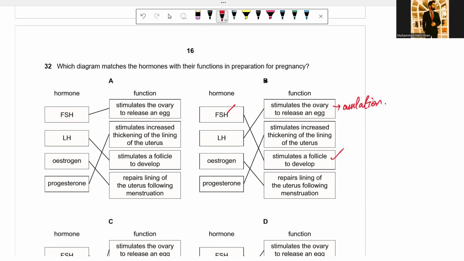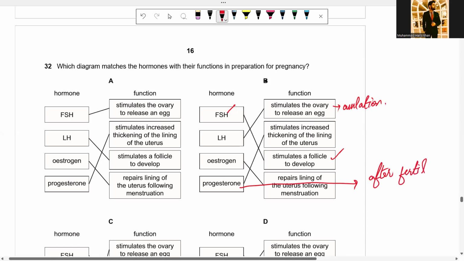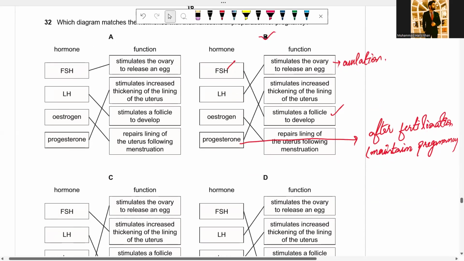After the menstruation, it repairs the lining of the uterus, and progesterone is released after fertilization. This is the hormone that actually maintains pregnancy by maintaining the thickness of the lining of the uterus. So the answer will be B.